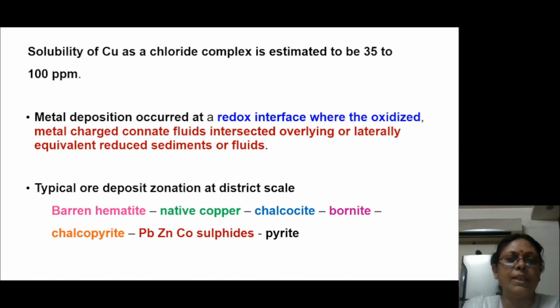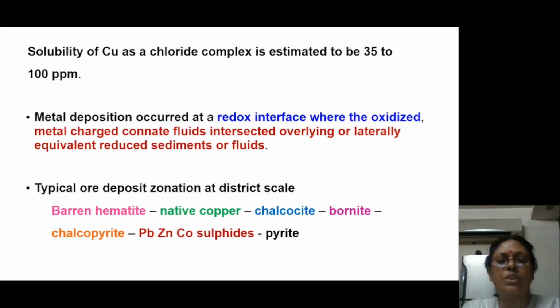Solubility of copper as a chloride complex is estimated to be 35 to 100 ppm. Metal deposition occurred at a redox interface where the oxidized metal charged connate fluids intersected overlying or laterally equivalent reduced sediments or fluids.